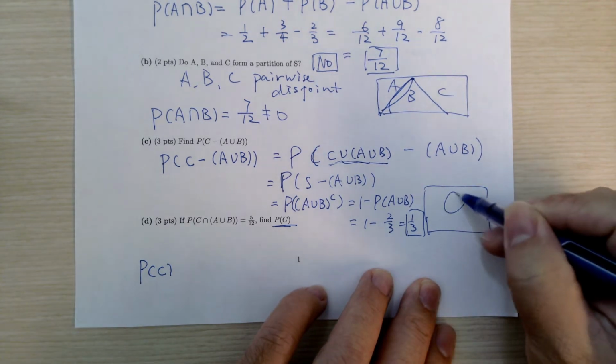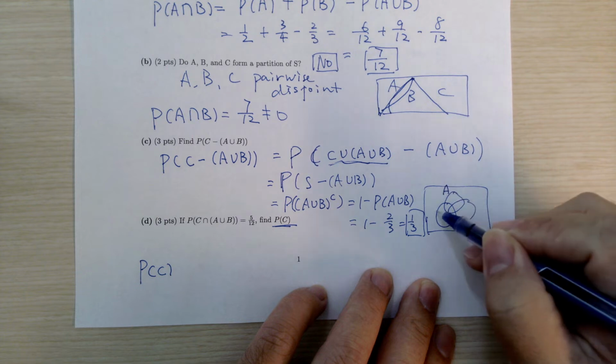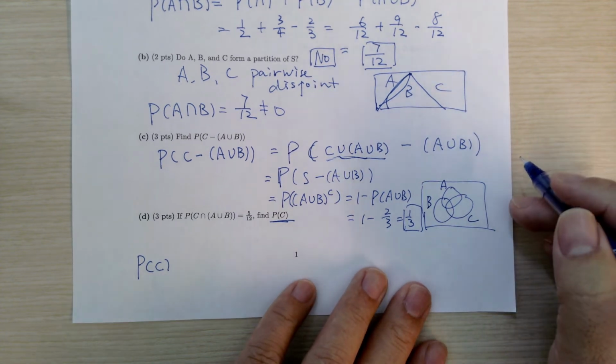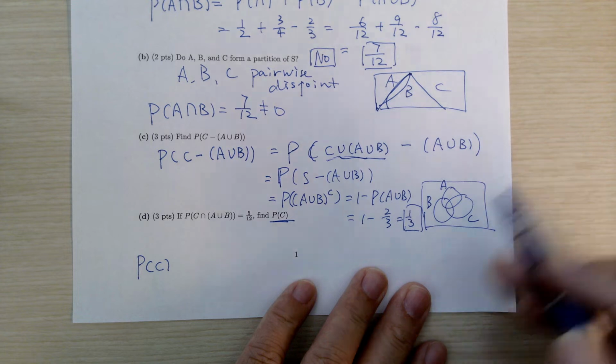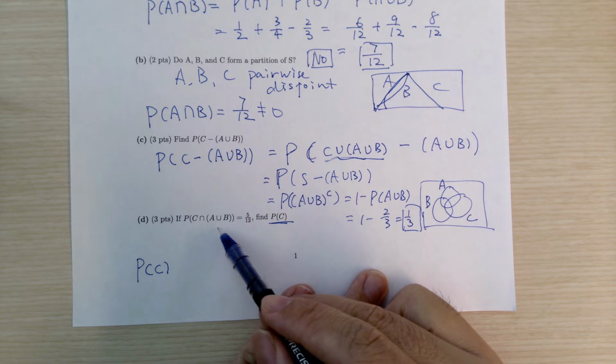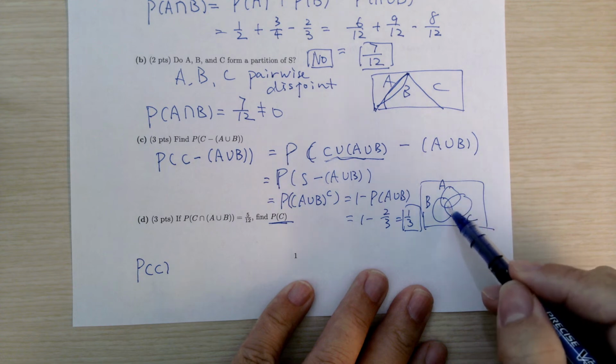For here, this is A, this is B, this is C. So as you can see, A union B is right here.